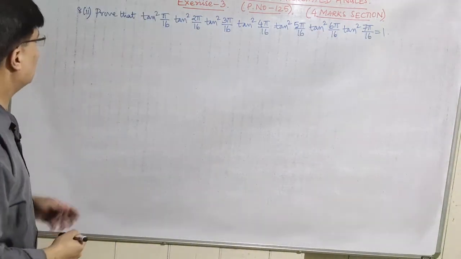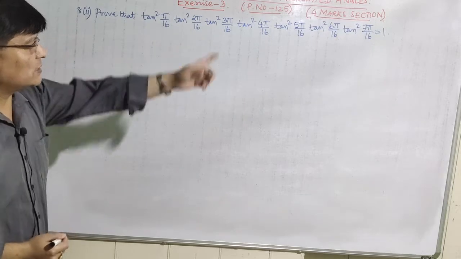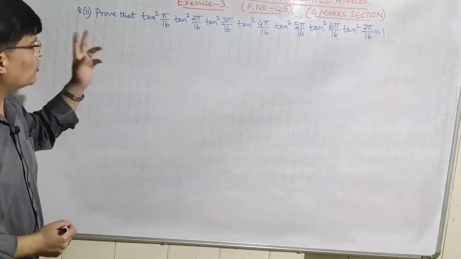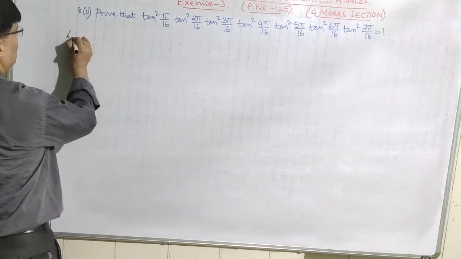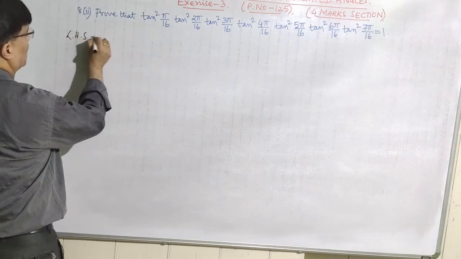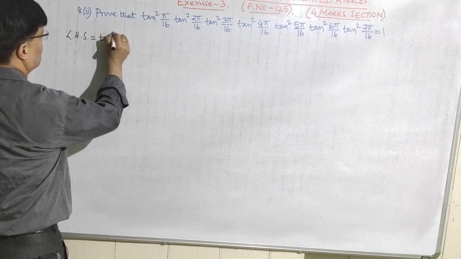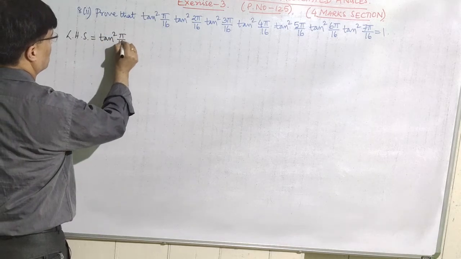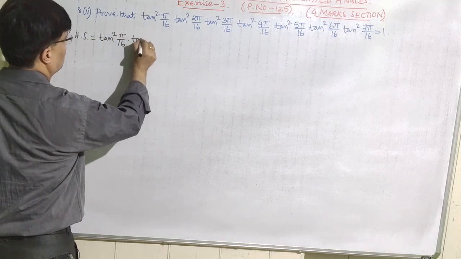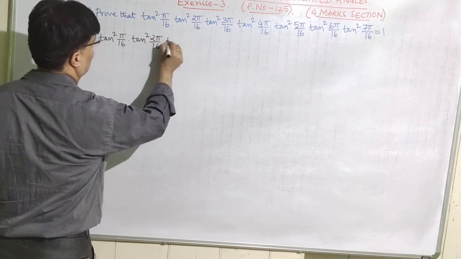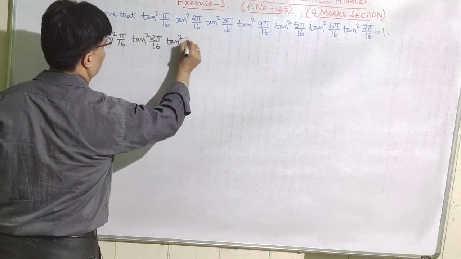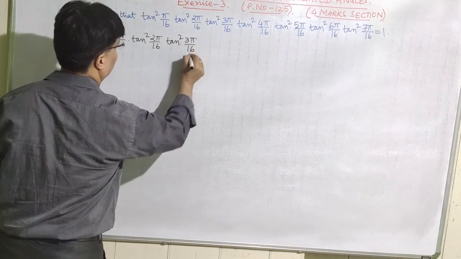So now let us prove this left hand side is equal to right hand side. That is, you have to prove LHS is equal to 1. So let us write down left hand side here. So LHS here is tan square pi by 16 into tan square 2 pi by 16, tan square 3 pi by 16.